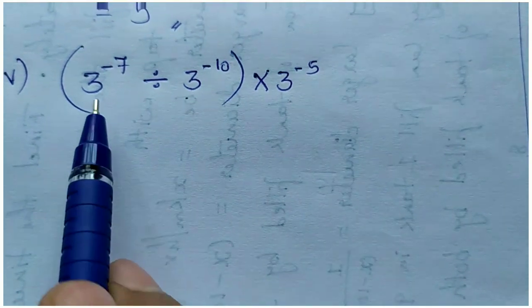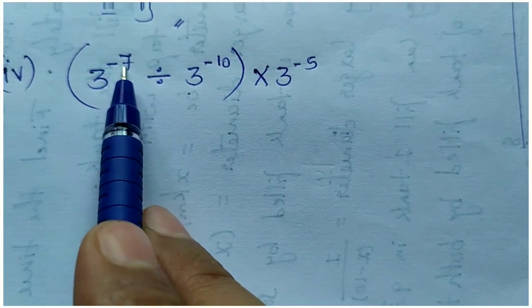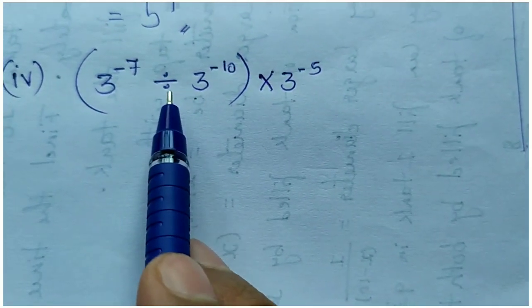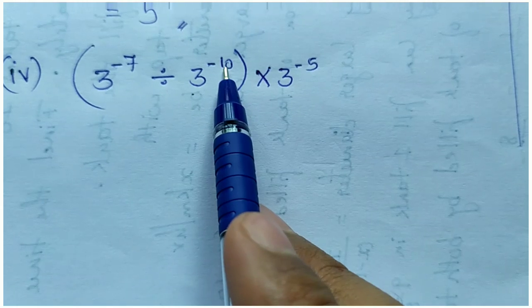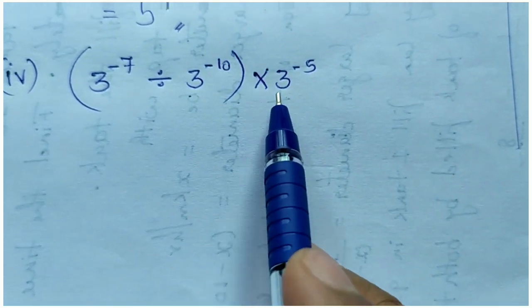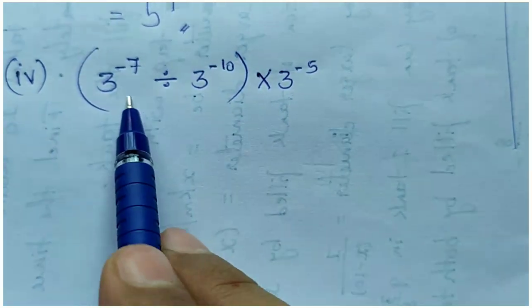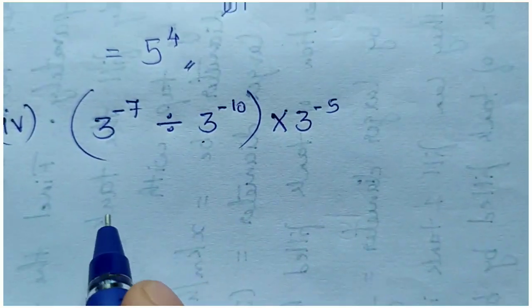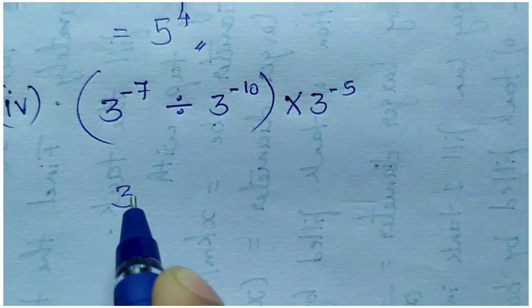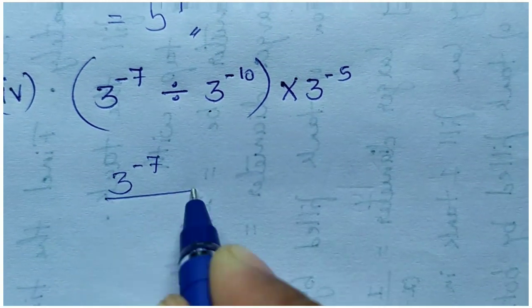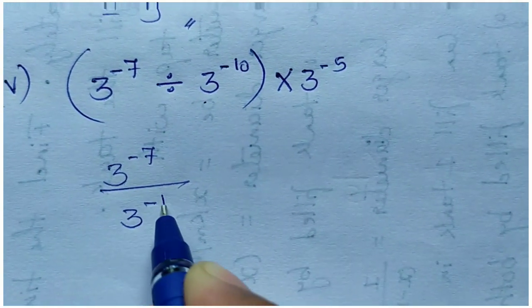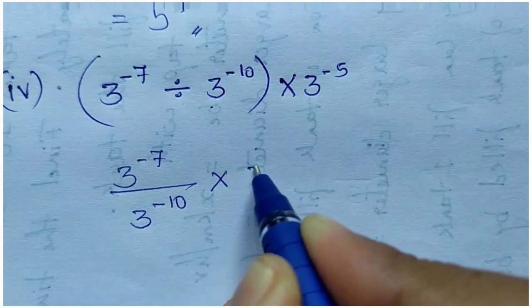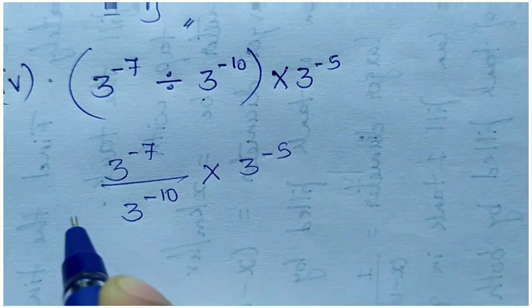Fourth one, 3 to the power minus 7 divided by 3 to the power minus 10, whole into 3 to the power minus 5. First you simplify the brackets. So I will rewrite this as 3 to the power minus 7 divided by 3 to the power minus 10, into 3 to the power minus 5.